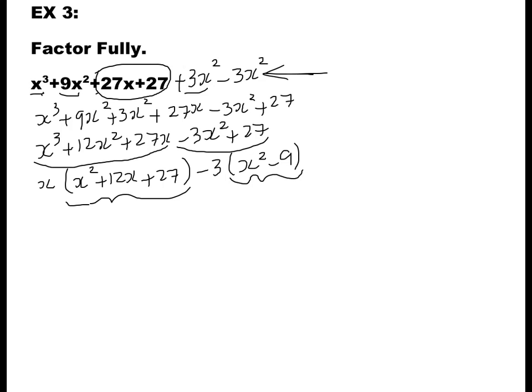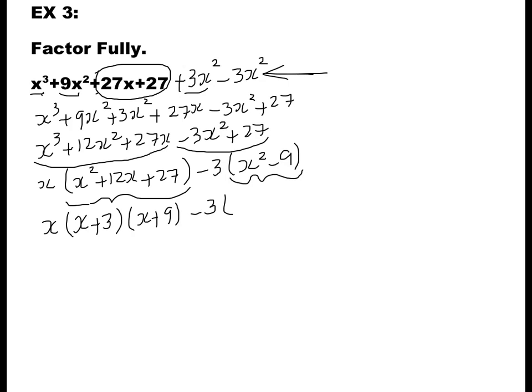In the first bracket, I have to find two numbers that multiply to 27 and add up to 12. Those two are 3 and 9. So I'm going to get x times x plus 3 times x plus 9, minus 3.